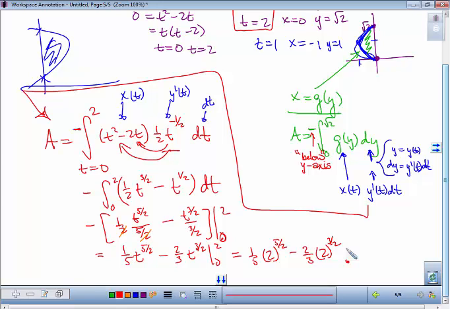So this one got a little tricky. Like I said, I should have done an example where it's below the x-axis, but here it's along the y-axis, so it got a little tricky for us.